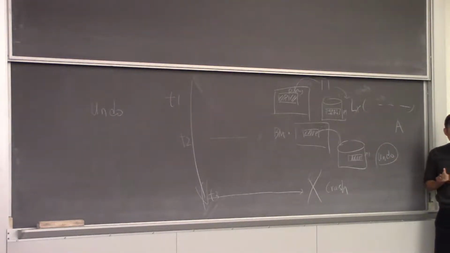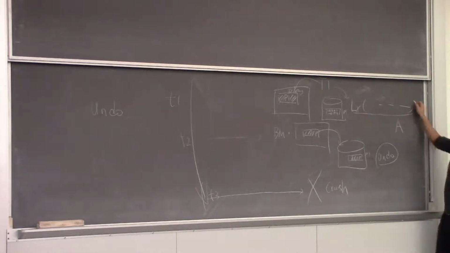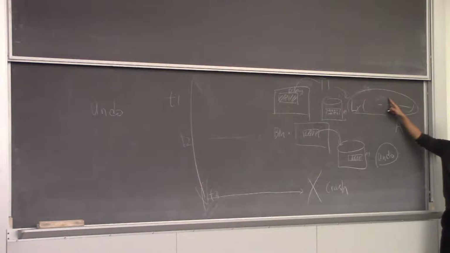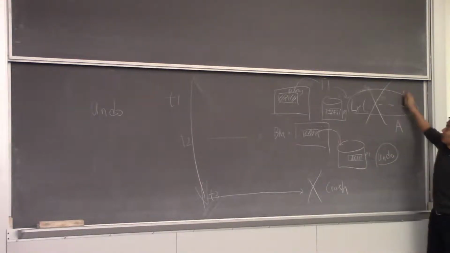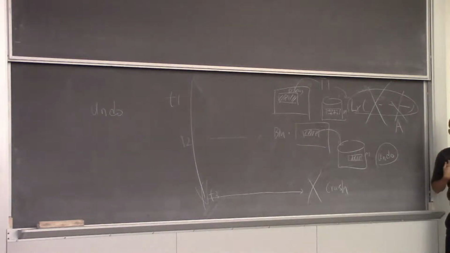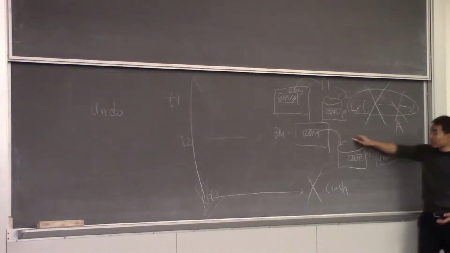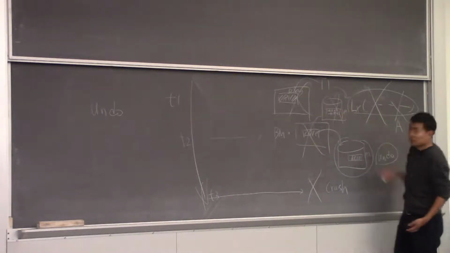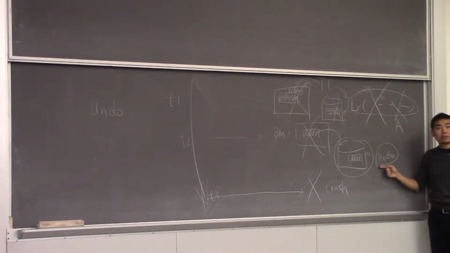Why? Because this log record, by the time the system has crashed, may not be on disk yet. So when the system crashes, this is gone forever. All you're left with is this.